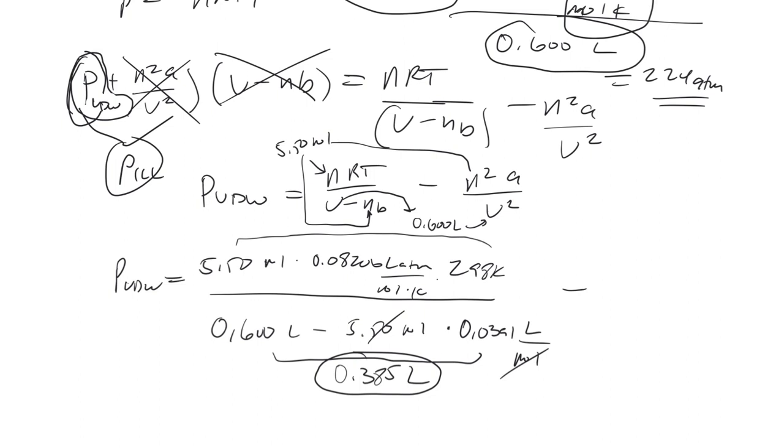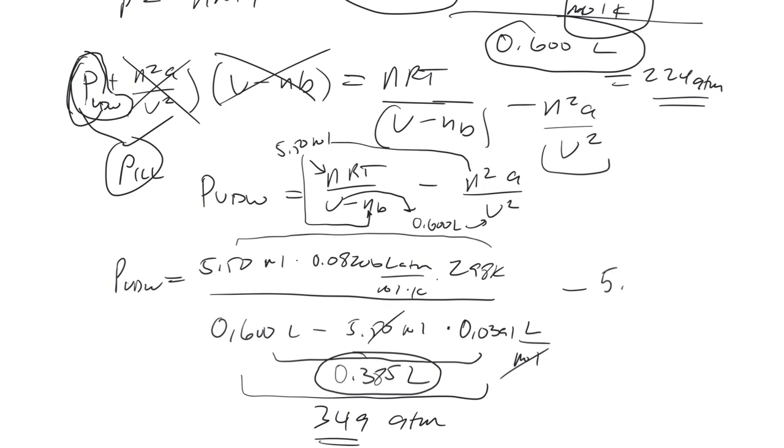So that gives me 349 ATM. See how the pressure went up from where we calculated with the ideal gas law because the free space volume is smaller. So correcting the free space volume corrects this pressure here to be higher, but then we have to subtract the n squared a divided by V squared part.